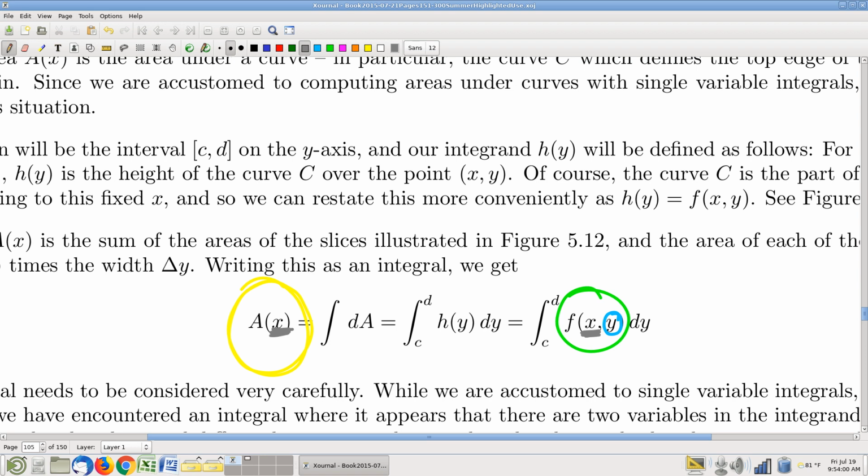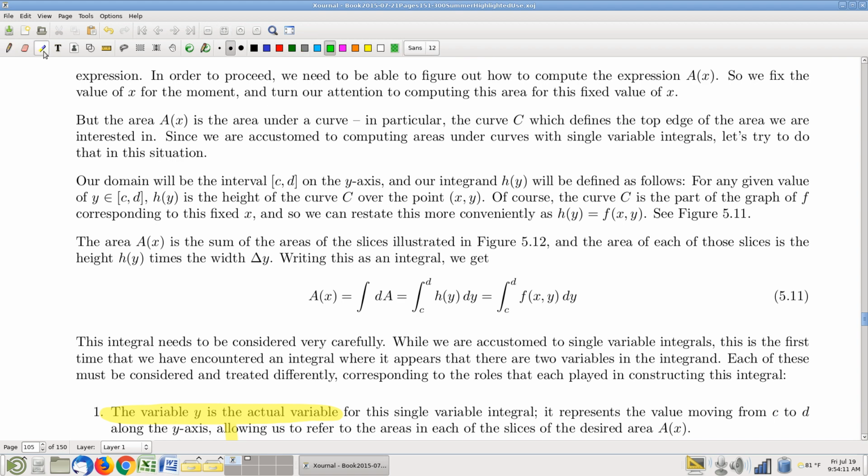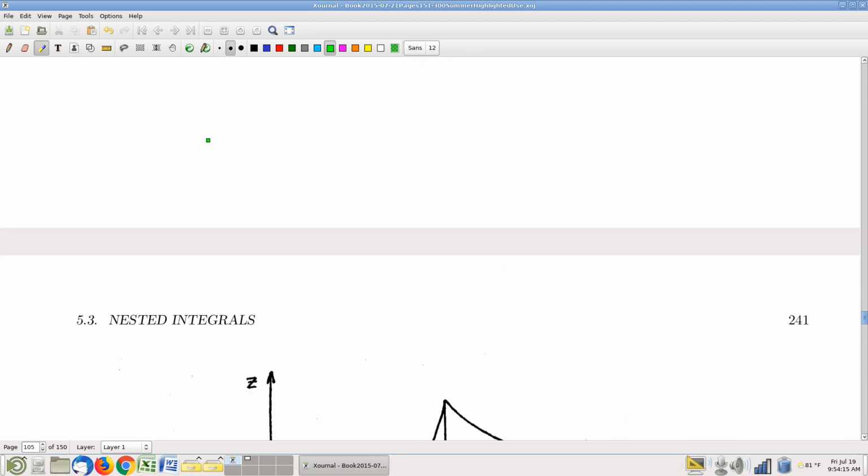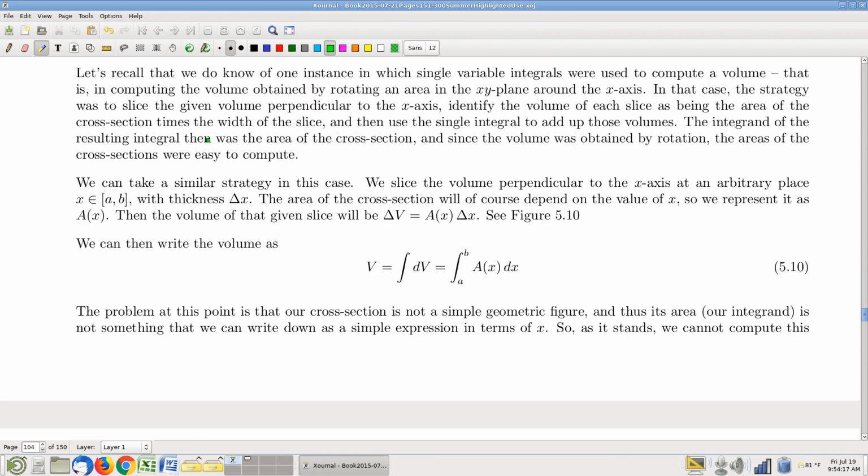Everybody on board with the setup? Everybody see how this goes together? Okay. All right. Let's put everything together then. The volume is an x integral of cross-sectional area.